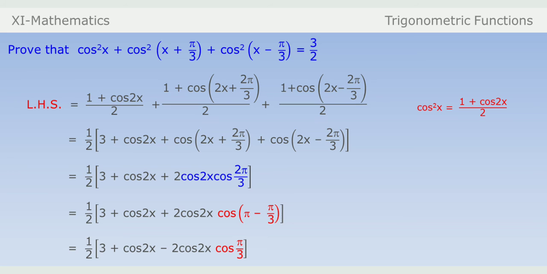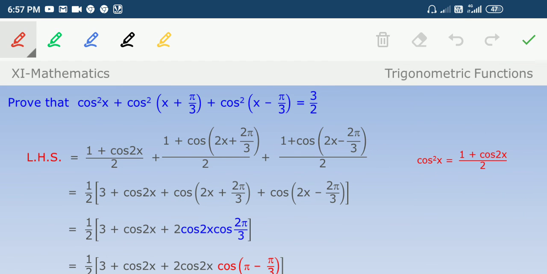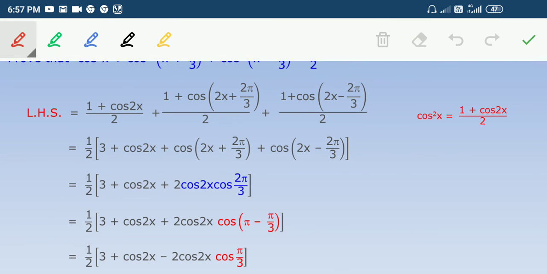Now minus 1 by 2 you will write directly. It is not written here, but its answer will be 1 by 2. So this 2 and this minus will also cancel.